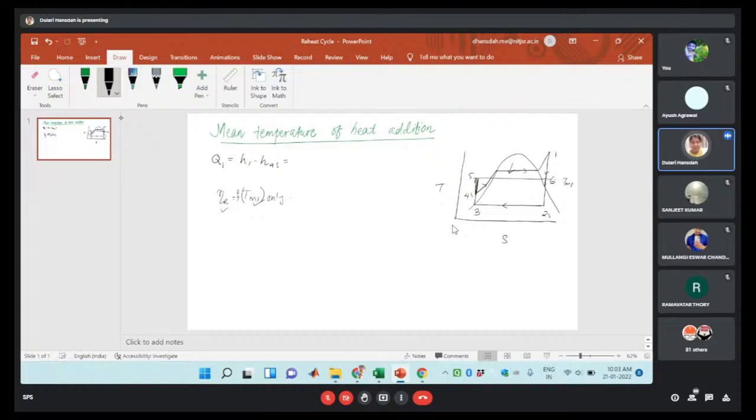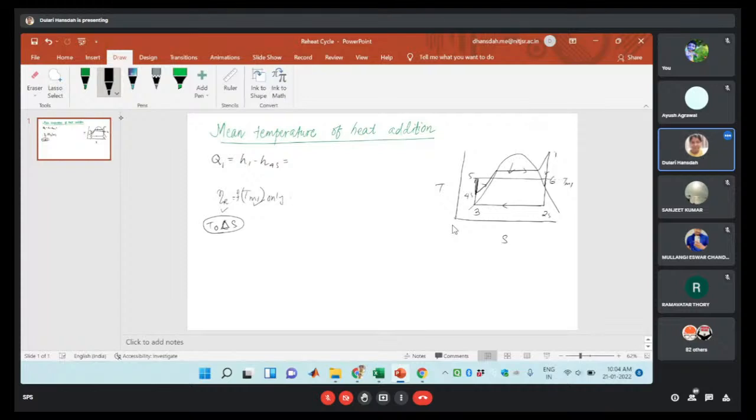Similarly, with the surrounding temperature, we were finding the useful work, the available work, if you remember, that is T0 delta S. I have explained this there, so this equation we have to use in this case.